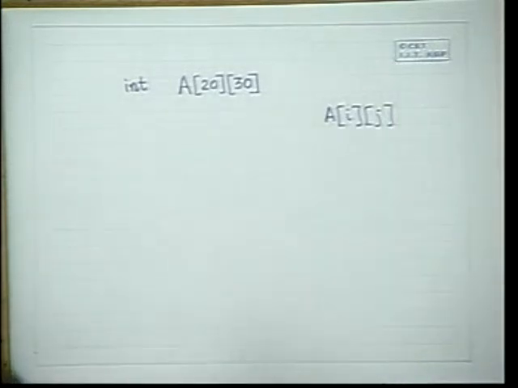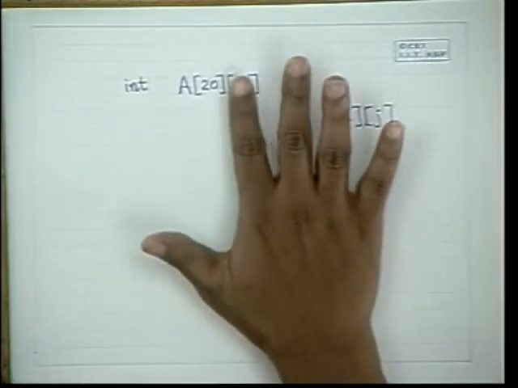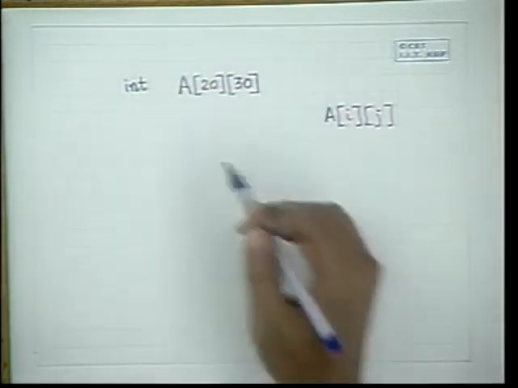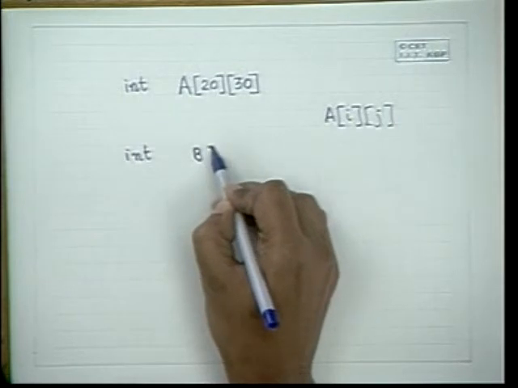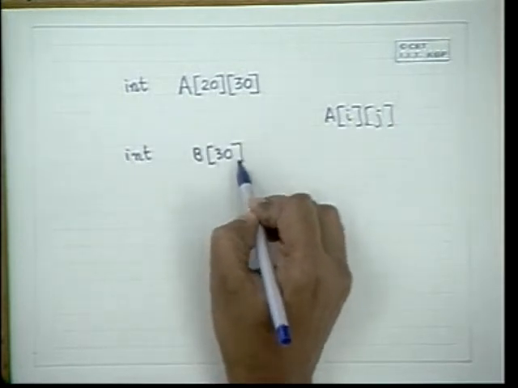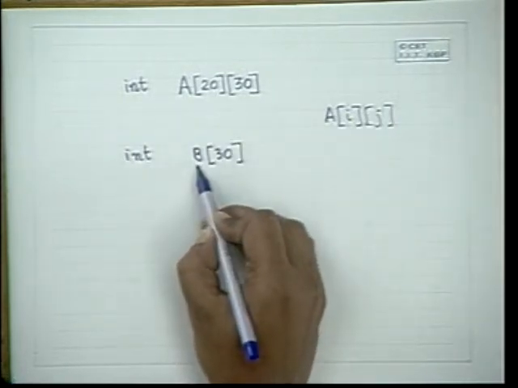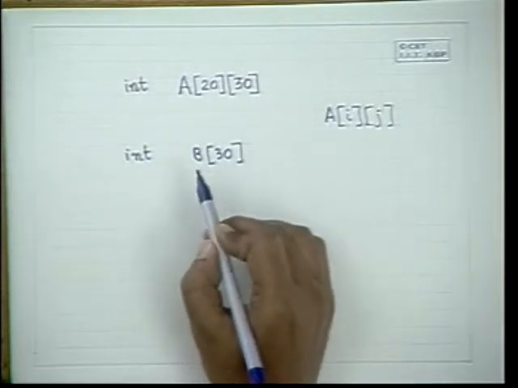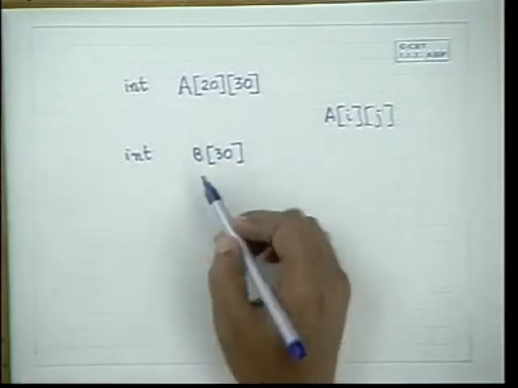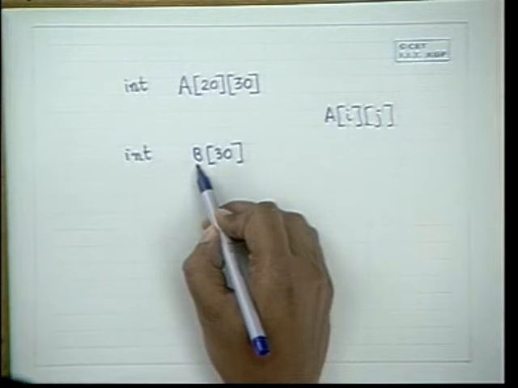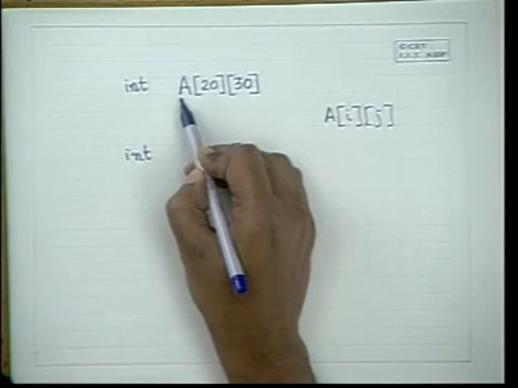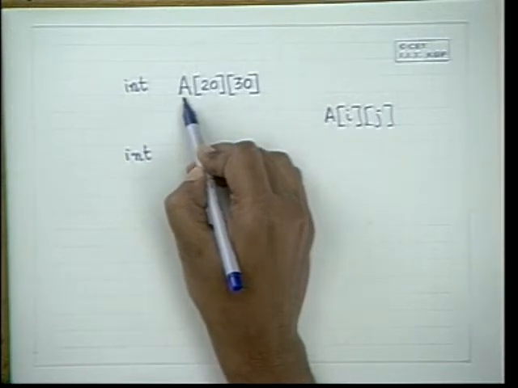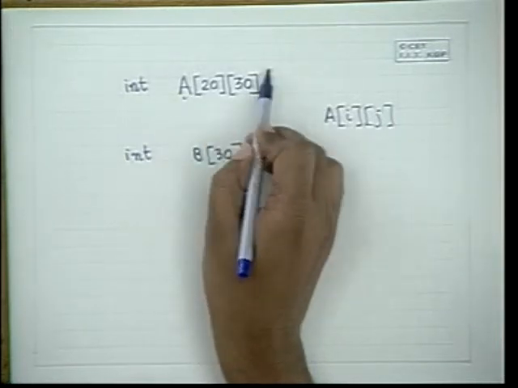All right. Now see this int B[30]. There is a pattern in this whole definition. B is the address of the start of this array. Similarly, A is the address of the start of the two-dimensional array.